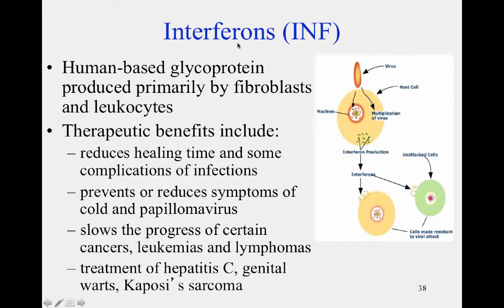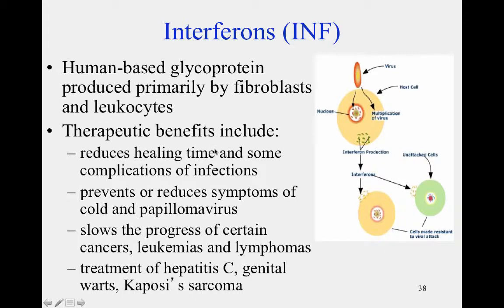Now, also worthy to note here is a naturally occurring form of an antiviral component that our bodies make, and that would be called an interferon. So interferons are human-based glycoproteins, and our immune system produces them naturally. And the therapeutic benefits: we have used interferons to treat specific viral diseases.